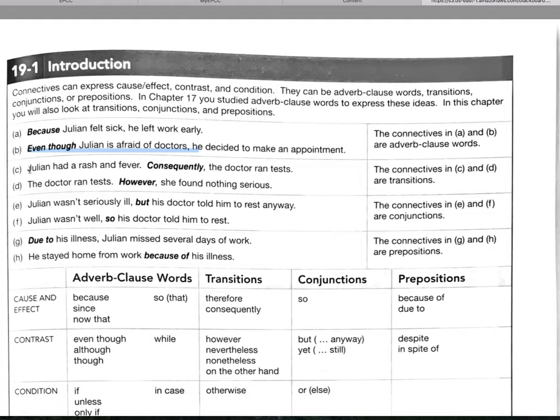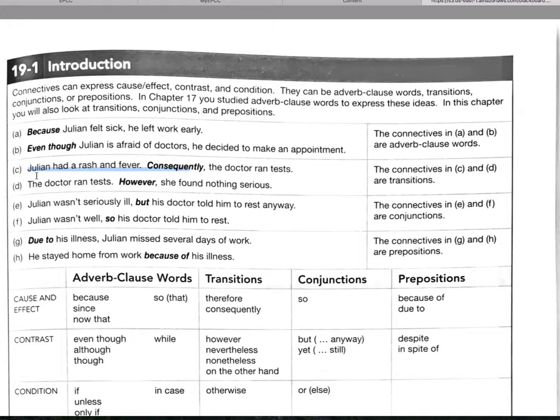Now we look at example C. Julian had a rash and fever. Consequently, the doctor ran tests. So here, ladies and gentlemen, consequently is used as a transitional word.